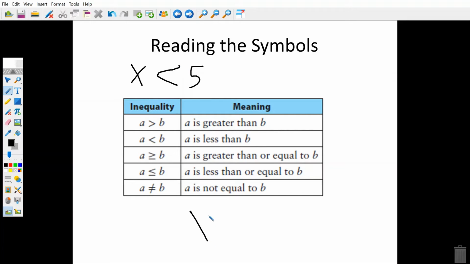Other people, if they had to say X is greater than or equal to 8, think of it like a crocodile's mouth, and the crocodile will always eat the bigger number. So if X is greater than or equal to 8, he's going to eat the X. Okay? However you remember them is up to you, since you've probably had some experience with them in the past. You might get a little confused by these at the beginning, but they'll come along.